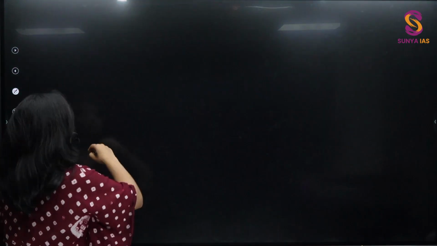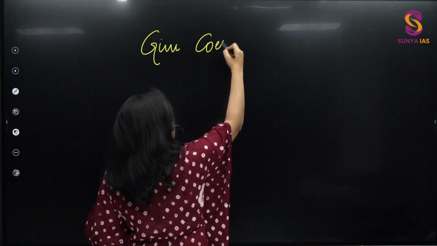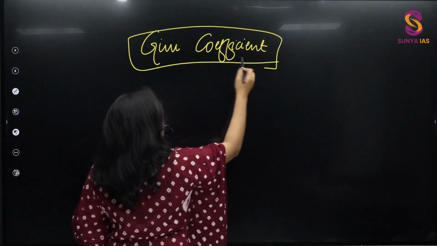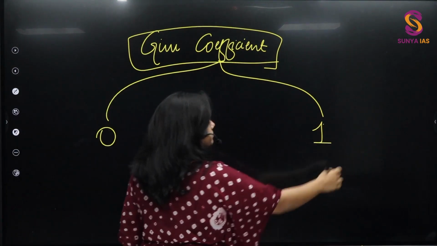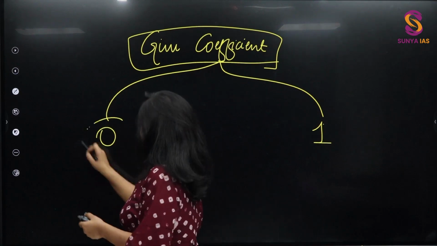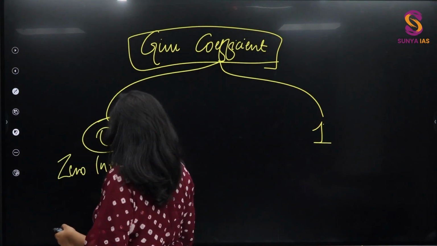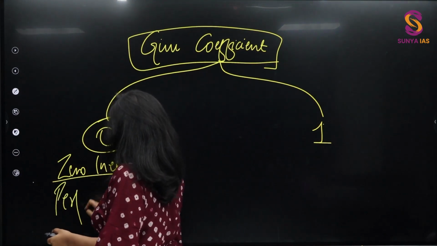Let me talk about the Gini coefficient. It can range from 0 to 1. When it is 0, it means there is zero inequality. That means there is perfect equality.